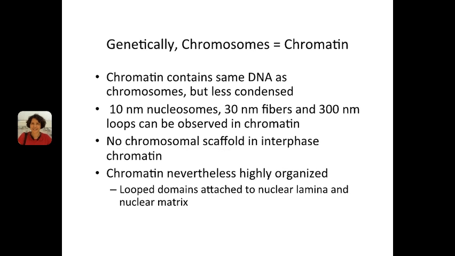Nevertheless, the chromatin isn't just thrown together in the nucleus. It is very organized, and it has been learned recently that the looped domains, those 300 nanometer loops, are attached to the nuclear lamina and the nuclear matrix. So each of them has a specific location in the nucleus.